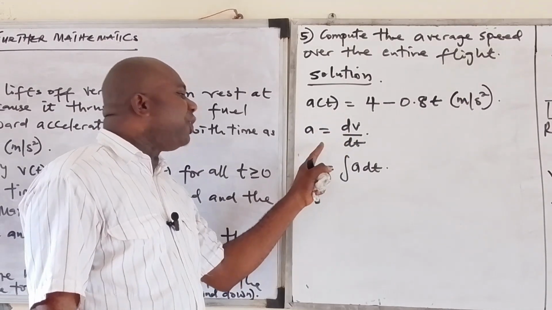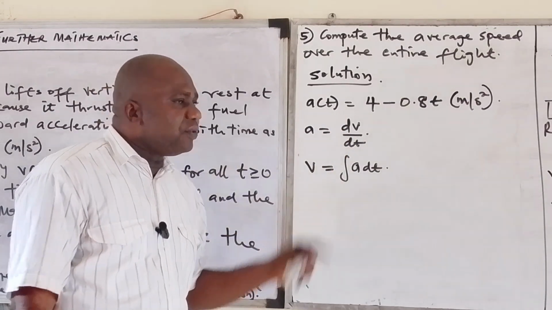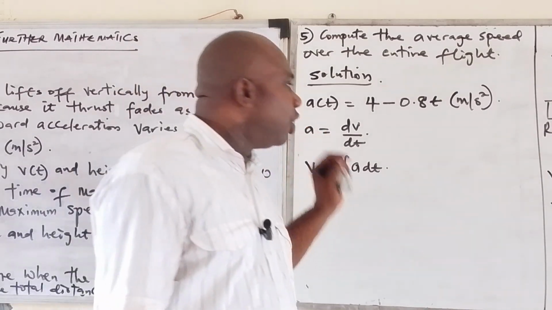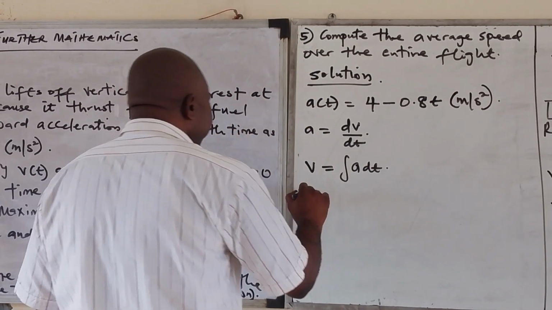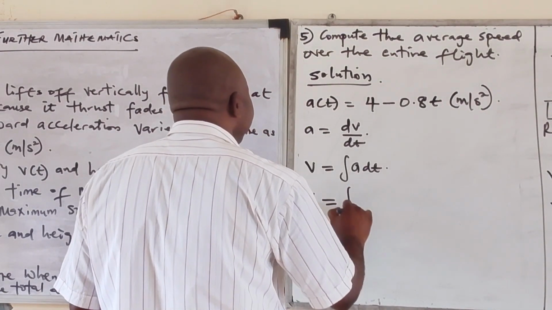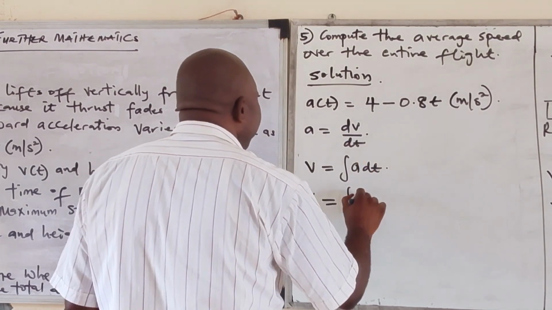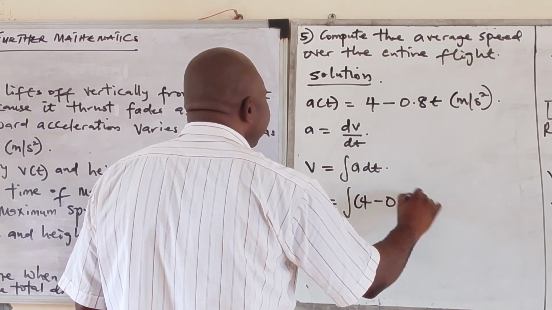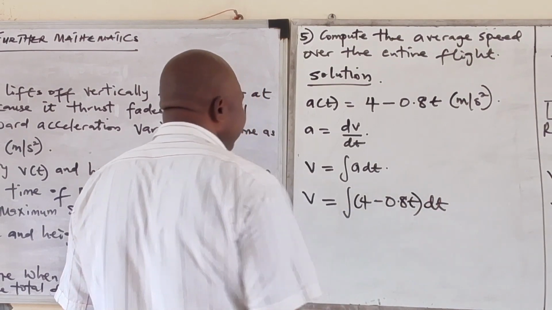It means the value of our v here will be equal to the integral of a, which is 4 minus 0.8t, with respect to t.